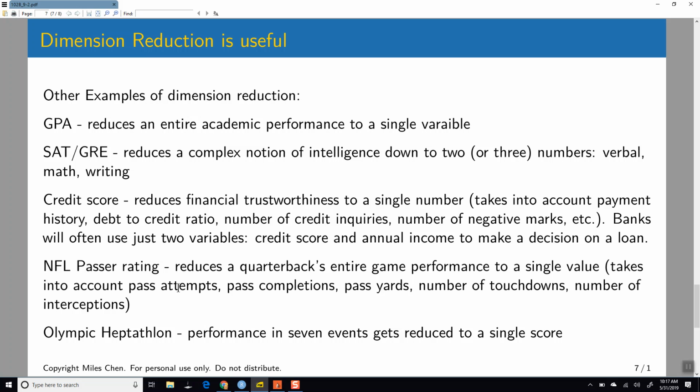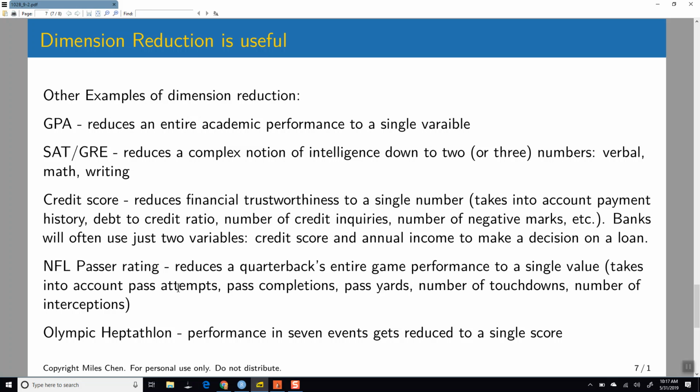These things are all very useful because they allow you to compare two players who might have different play styles, okay? You can compare them based on a single number. One person might only make short passes very frequently with high success rates, and that would factor into their passer rating.